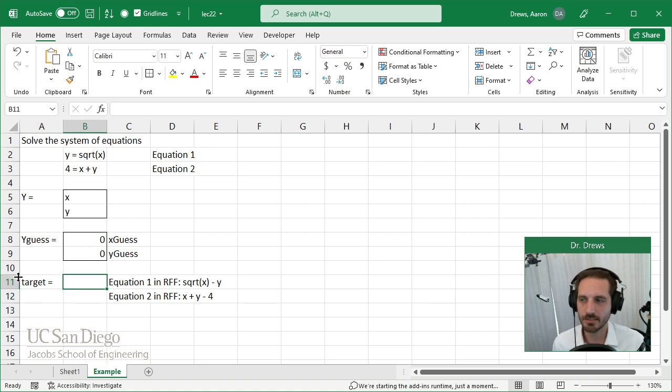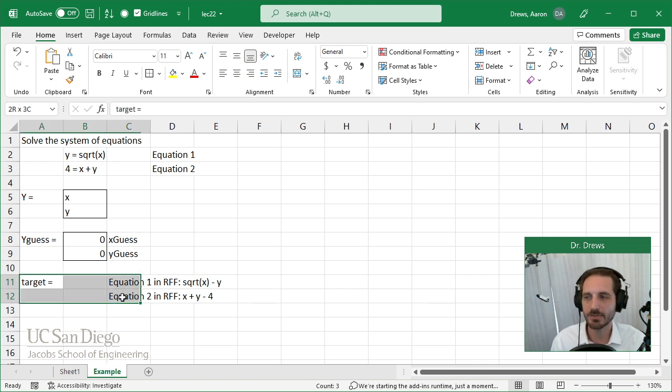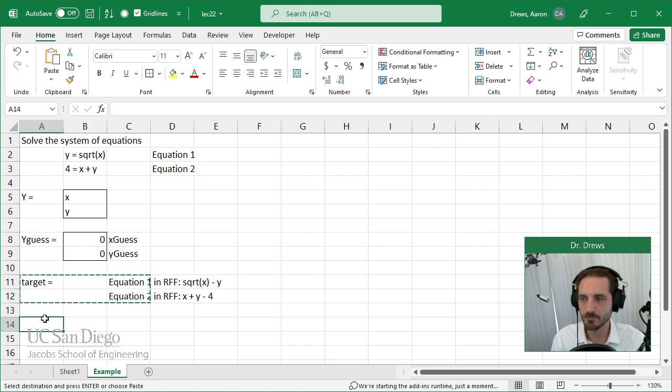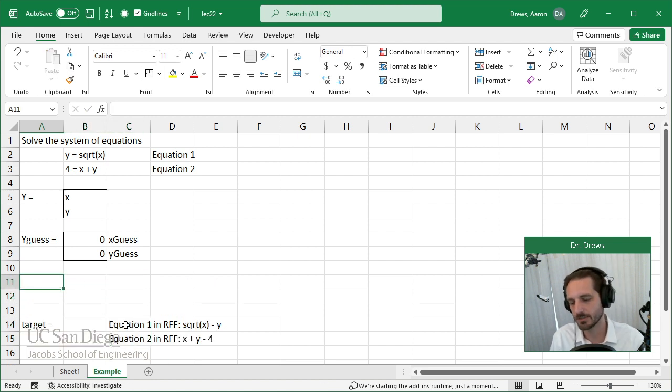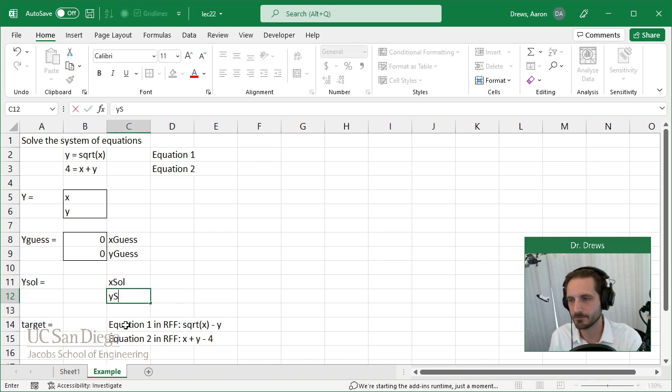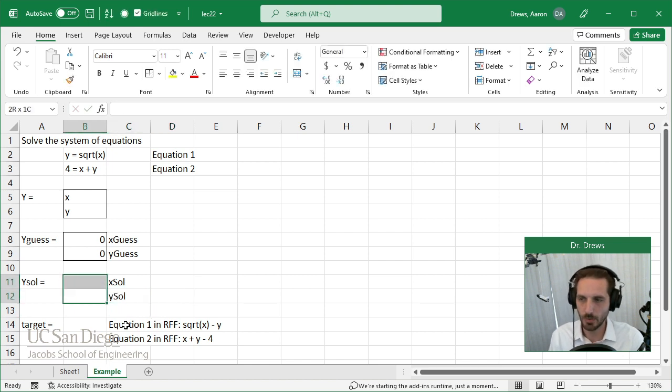So now it does somewhat become a question of what is our x and our y? Well, the way that Matlab is going to think about this is, if I move this down a little bit, it's going to base its calculation on the solution value, which is y-sol. So this is going to consist of x-sol and y-sol. But you can see here an illustration of why we need an initial guess.